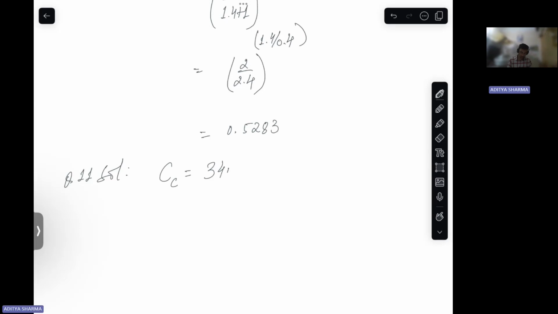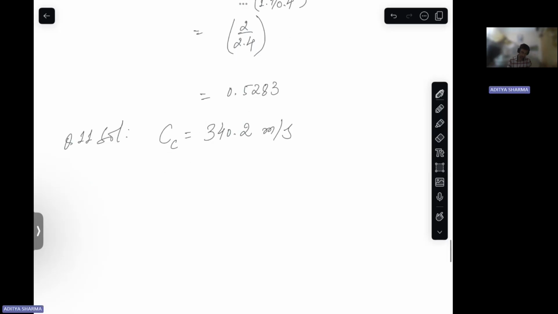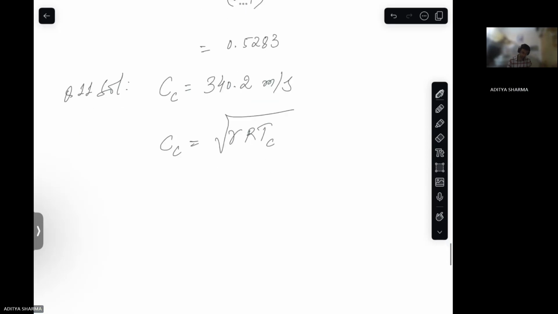Critical velocity is 340.2 meter per second. We know it is the square root of gamma R TC. Gamma is 1.4 for air. R is 287 joule per kg Kelvin.